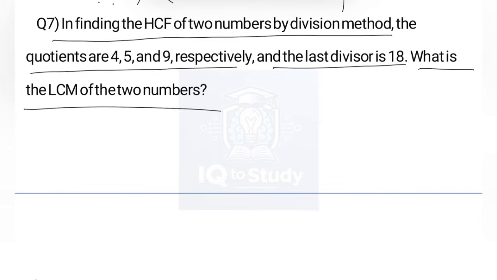What is the LCM of two numbers? Let's consider quotient 9 and last divisor 18. Quotient into divisor plus remainder, which is 0, that is equal to 162.